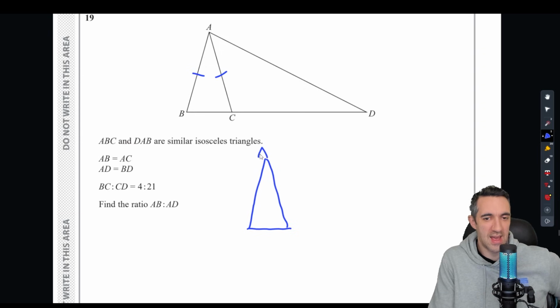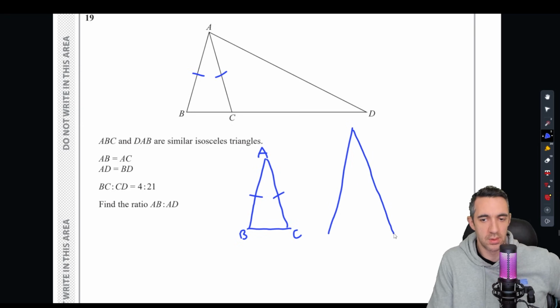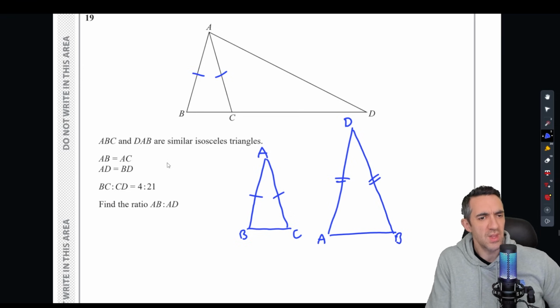So that is A, B, C. So they're the same length. And then this is D, because I pivoted it, and then A is down here and B is down here. And then they're the same length. So there's my similar triangles. And I have AD equals BD.